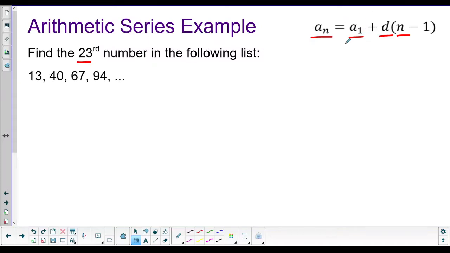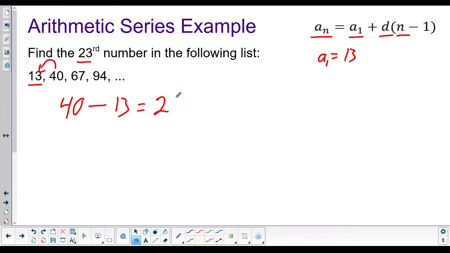So A1 is given to you. It's that first number right there. So A1 equals 13. Now to get the number that you're adding each time, you just take any number in this list. Let's take the second one. And then you subtract the number before it. And then that will give you your common difference.